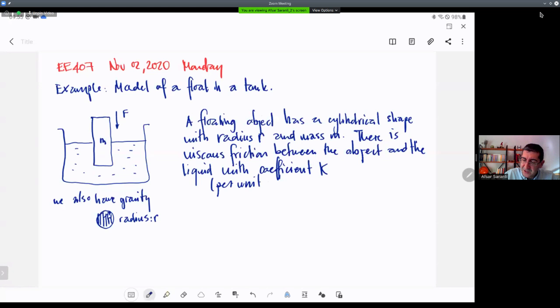That means the friction is also a function of the surface area that is in contact with the liquid. Okay, a downward force F is applied to the mass.